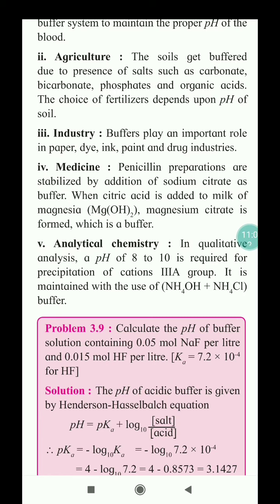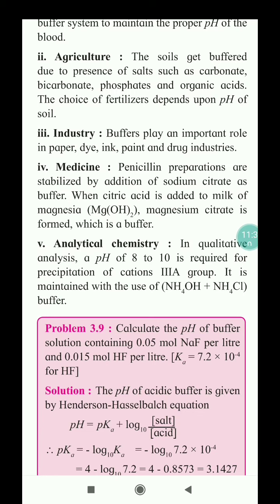Next one is industries. Buffer solution plays a very important role in paper industries, dye industries, ink industries, paint industries and drug industries. Then medicine. Again, we know the expiry date of any medicine. That expiry date of the medicine is decided by this buffer solution.